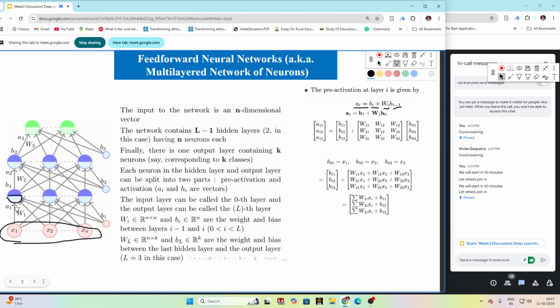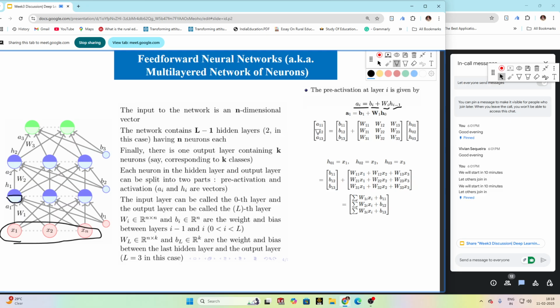W11 is the weight connecting H1 and X1, W12 is the weight connecting H1 and X2, and W13 is the weight connecting H1 and X3. Similarly, W1N will be the weight connecting H1 and XN. That is how we write these weights.